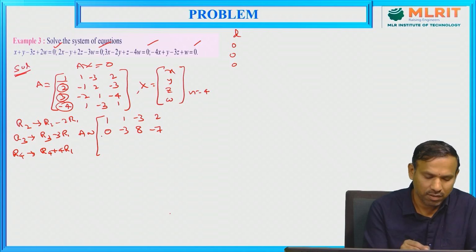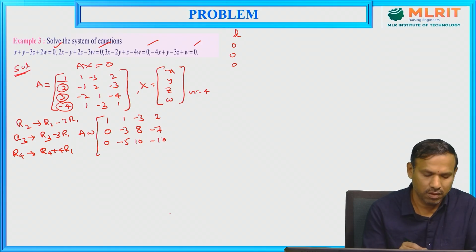R3 minus 3R1: 3 minus 3 is 0, minus 2 minus 3 is minus 5, 1 minus of minus 9, 1 plus 9 is 10, minus 4 minus 6 is minus 10.